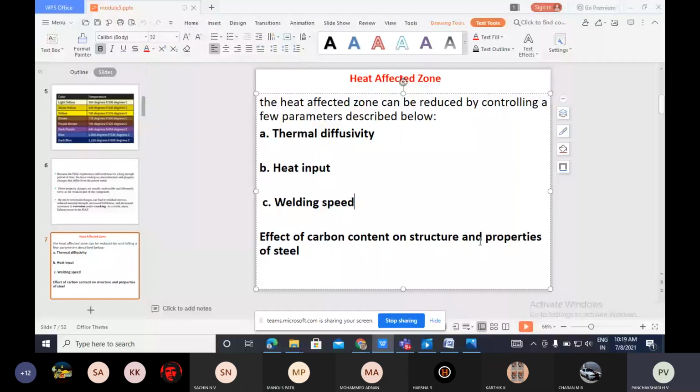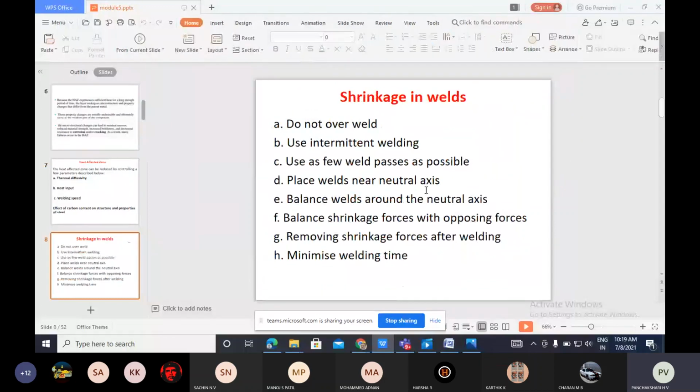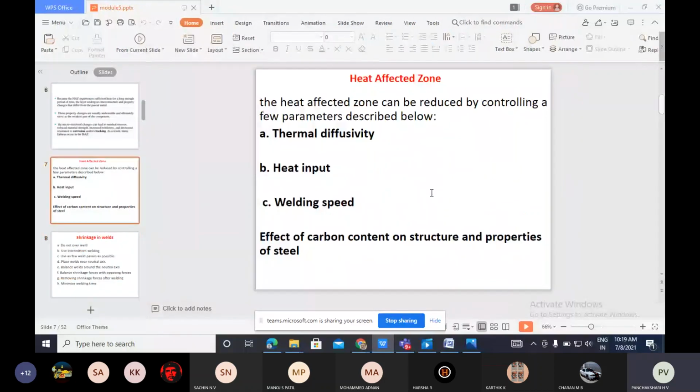Okay. See here, how to control, what is the meaning of thermal diffusivity? That we have to understand. What is thermal diffusivity? Diffusion means spreading. Diffusion, spreading of the temperature, heat. So that heat spread on the base metal we have to control. It should not unnecessarily spread to all parts of the metal.